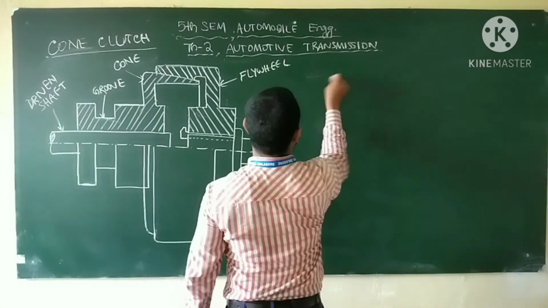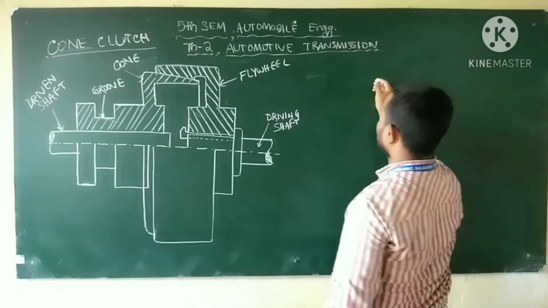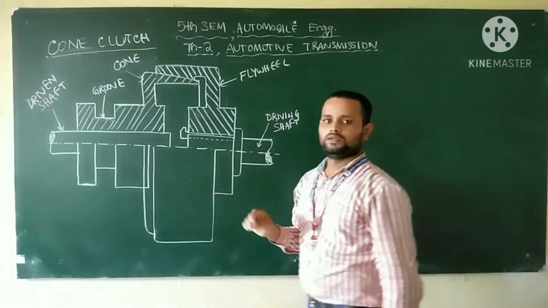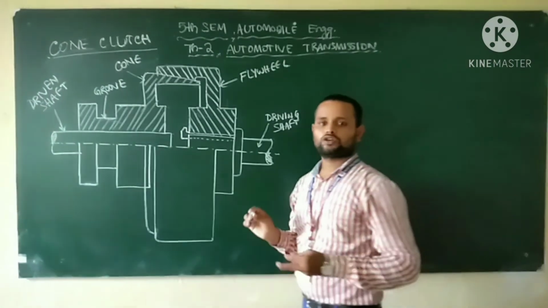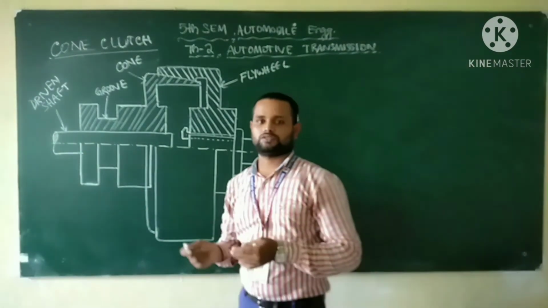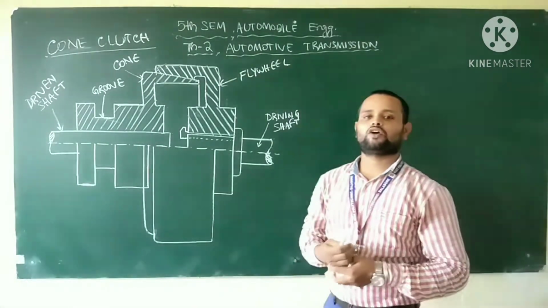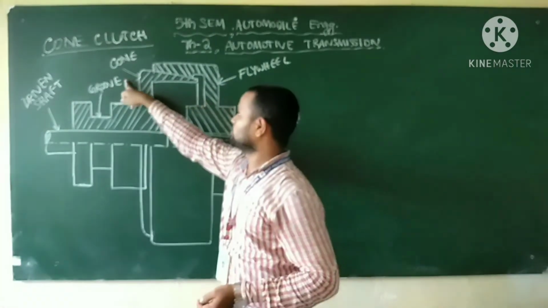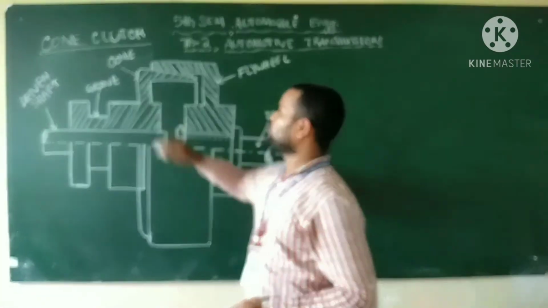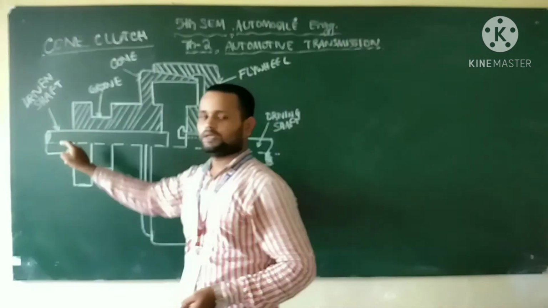Here the figure shows a cone clutch in engaged position. It consists of the flywheel and a cone, mounted on the driving shaft and the driven shaft respectively.